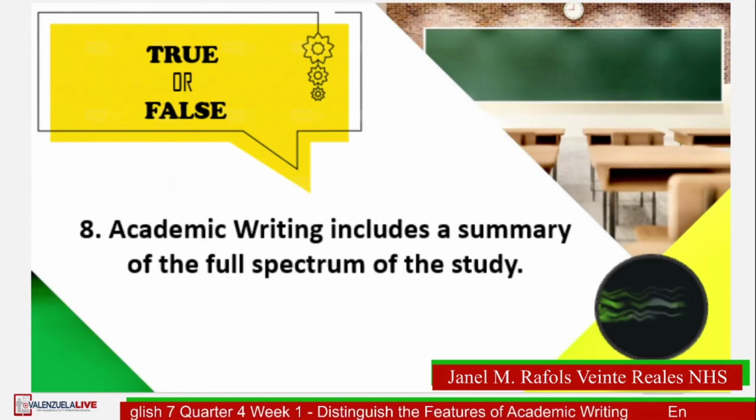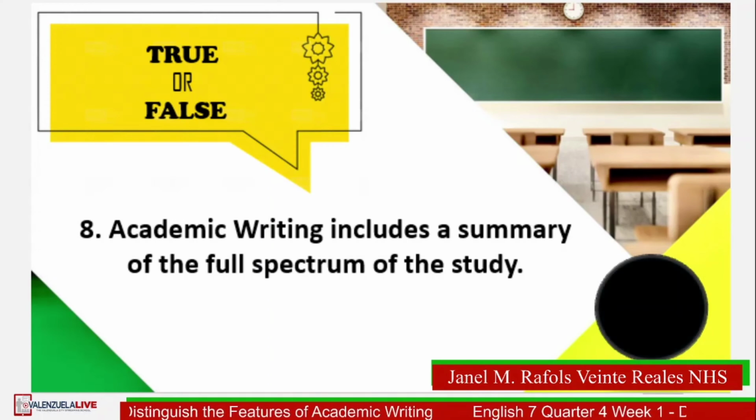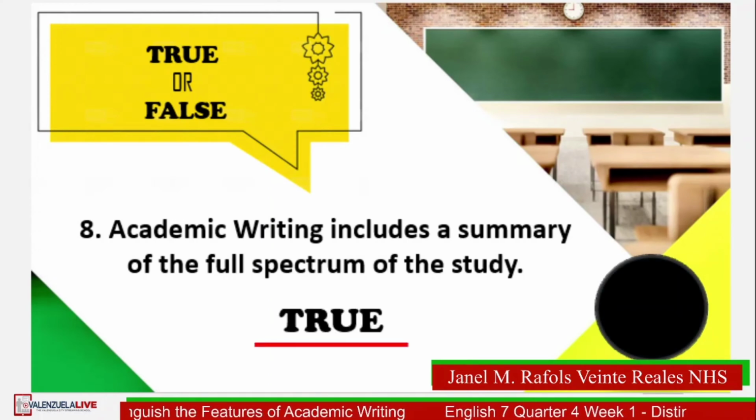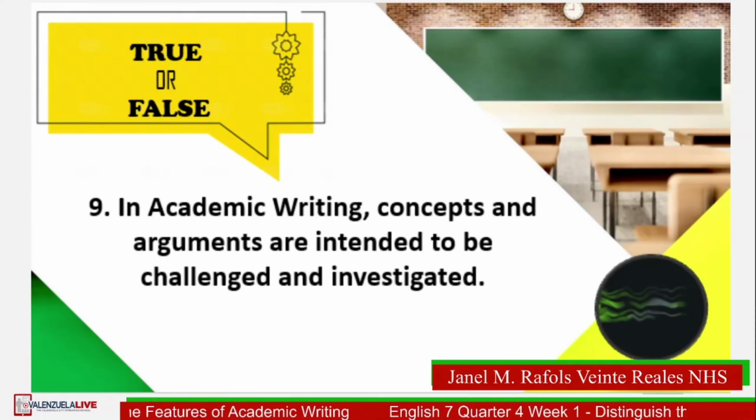Number 8. Academic writing includes a summary of the full spectrum of the study. The answer is true. Number 9. In academic writing, concepts and arguments are intended to be challenged and investigated.